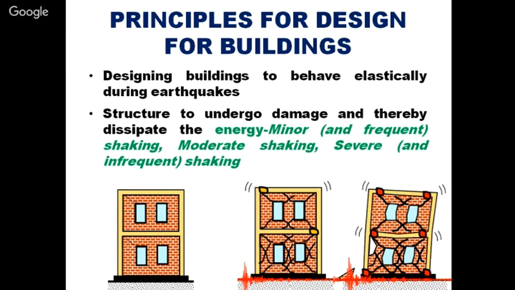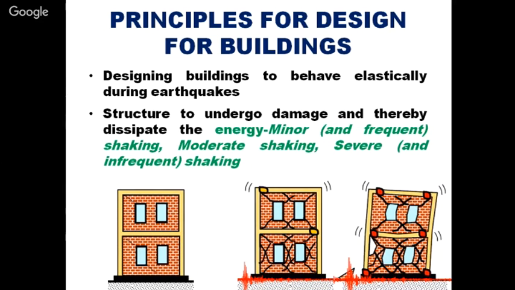The second approach is the one which structural engineers used to follow. They design the building in such a way that it will have small damage, and the energy is released due to those damages.